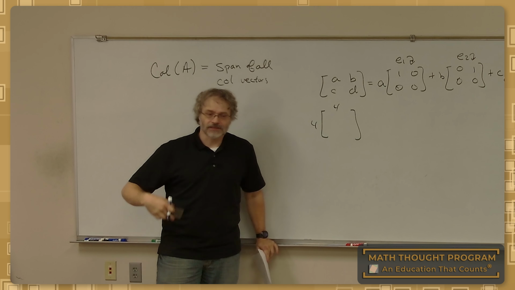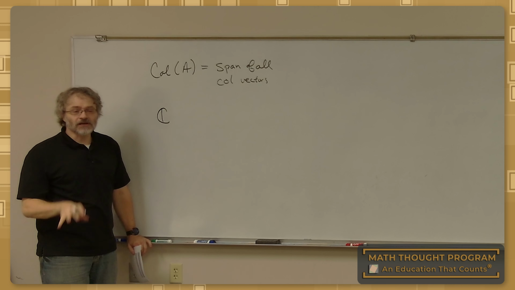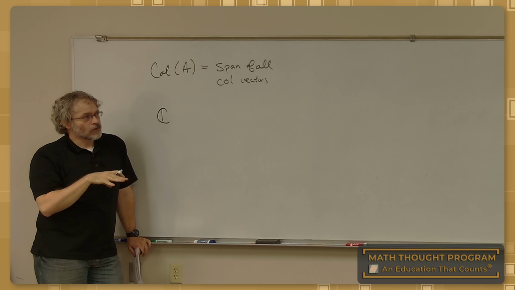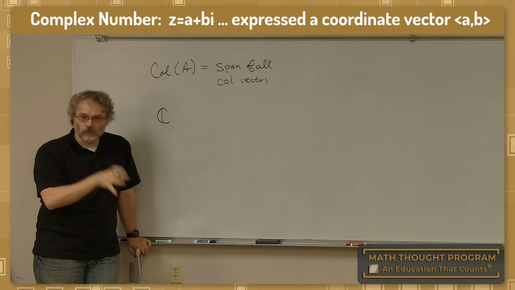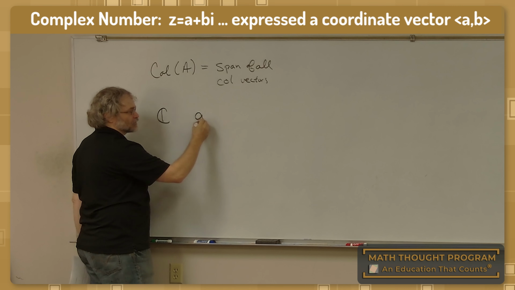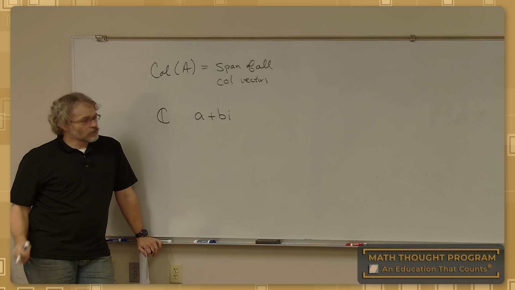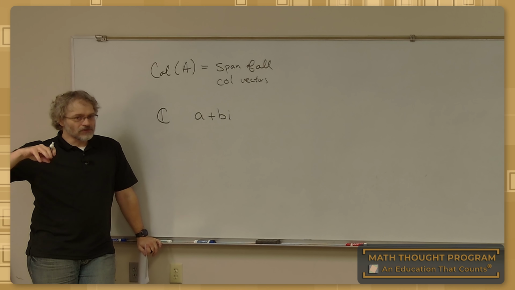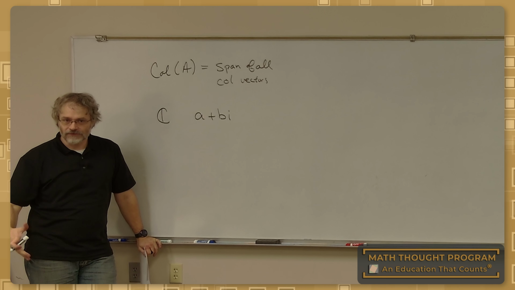The typical ones, R2, R3. If you look at a complex number, how do you write complex numbers? You need a real part, and you need an imaginary part. Typically, you write it in terms of a plus bi. You could take this and recalibrate it a little bit differently.